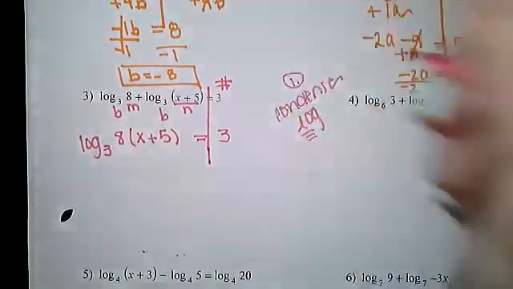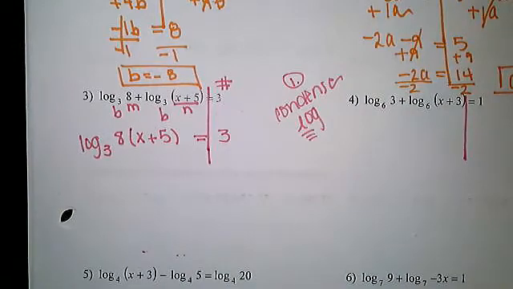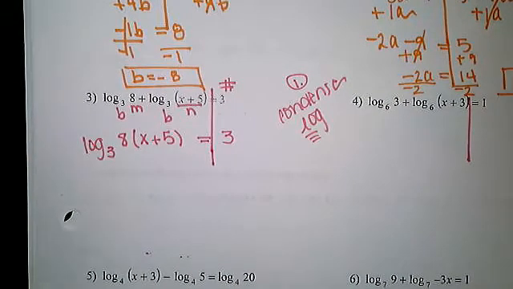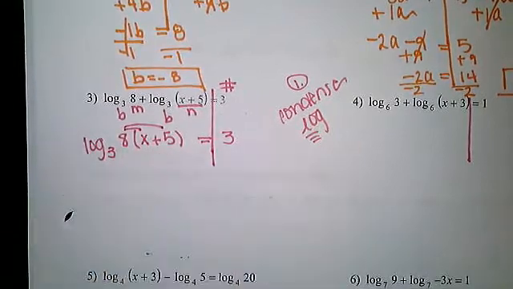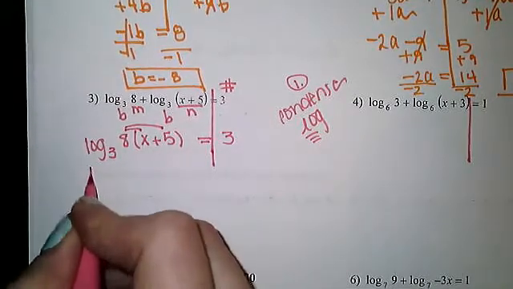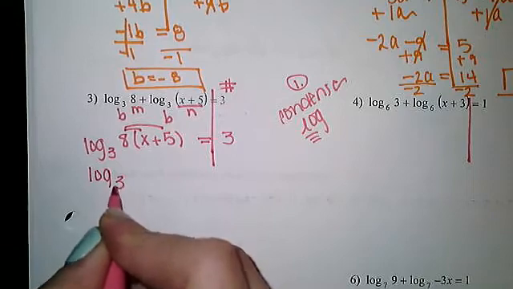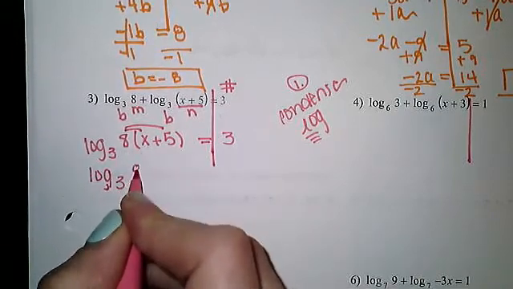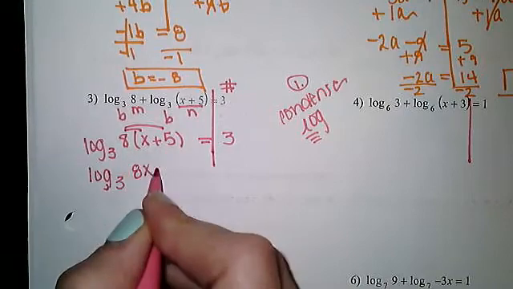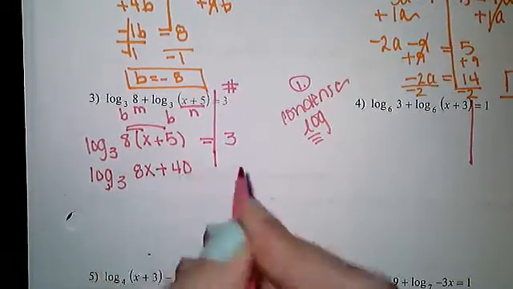The second step is a little bit tricky. So since it's possible to multiply this, let's go ahead and multiply that out and distribute. So the distributive property probably isn't too bad. 8 times x is 8x, and 8 times 5 is 40.